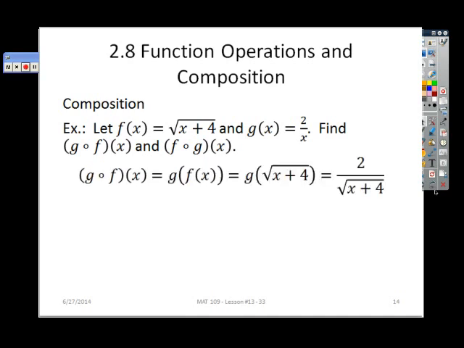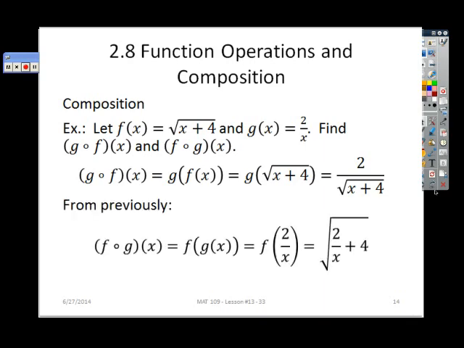G of f means g of f of x. Well, f of x is the square root of x minus 4, so I'm going to take this and substitute it in here, and so g of f of x is that expression. You just substitute it in. That's all we can do. We can't do any simplification.